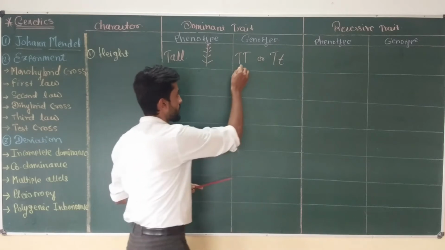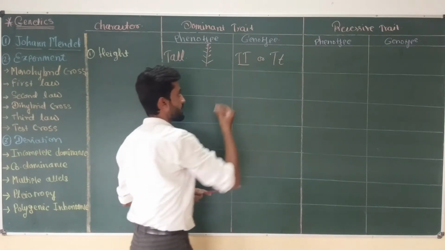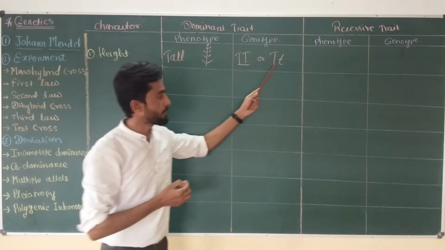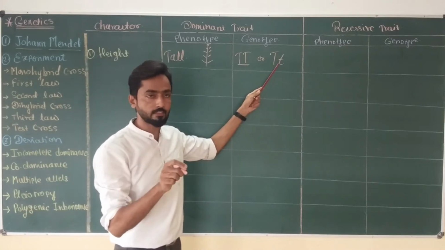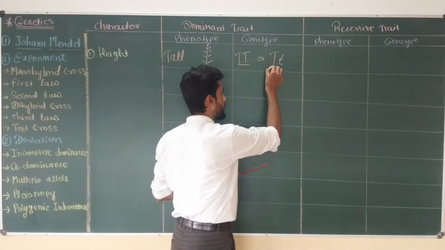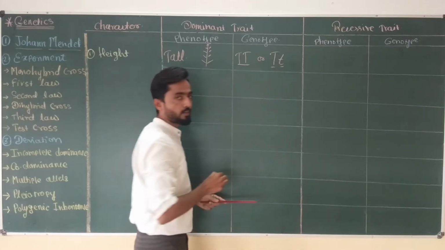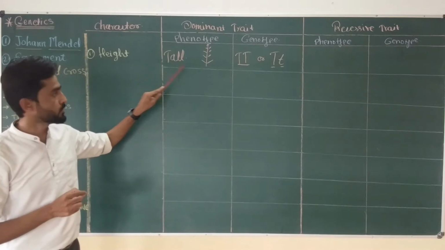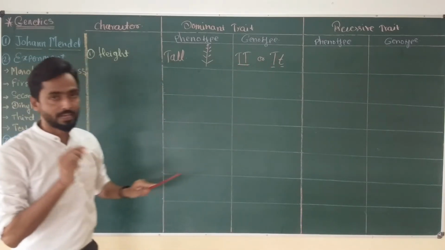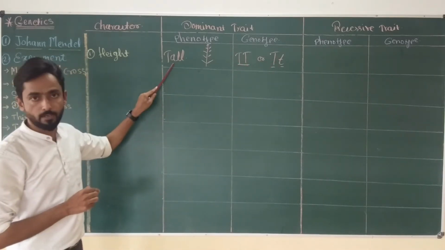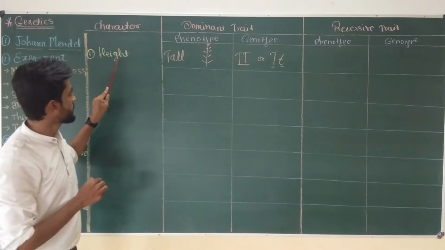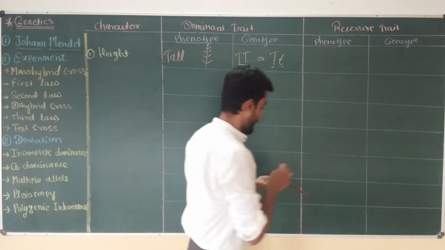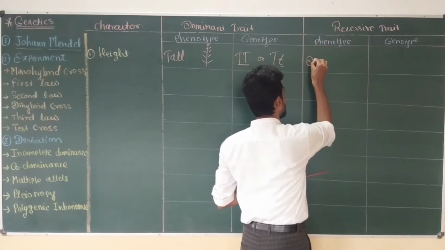Okay, so if the plant has capital T allele, then the height will be tall. And if the plant has capital T small t allele, in that case also the capital T is going to suppress the effect of the small t and the height is also going to become tall. So both these types of genotype give a tall plant. Now if we consider the recessive trait for height, in that case the plant grows dwarf.